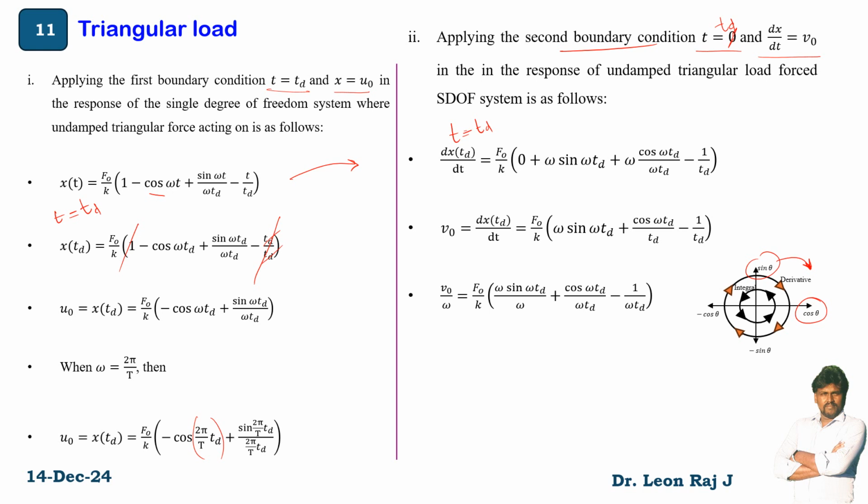You get the response v0 by k omega equals f0 by k omega into sin omega td divided by omega, so this omega gets cancelled, plus cos omega td divided by omega td minus 1 divided by omega into td.